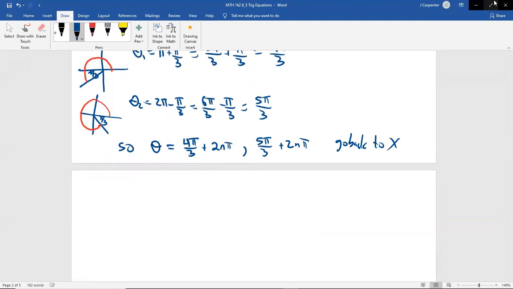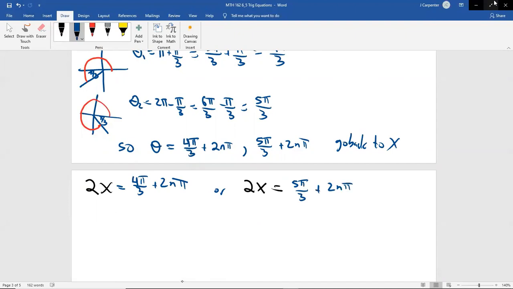So I'll use a different color. Instead of writing theta equals blah, blah, blah, we write 2x equals 4 pi over 3 plus 2 n pi. And then the other one would be 2x equals 5 pi over 3 plus 2 n pi. I forgot the theta equals.